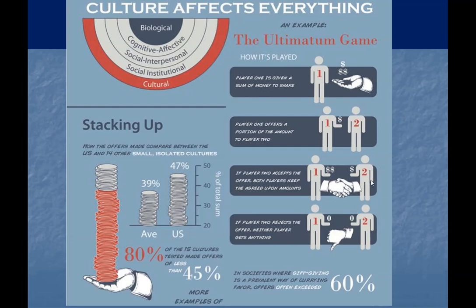If player two says that's fine, and they walk away with their $34, the first player gets to keep their $66. But if player two says, that's not very fair, I don't like that, or you only offered me $1 and you're keeping $99, then player two can reject the offer. If they do that, no one gets anything, which means player one has screwed themselves out of any money by being too greedy. That's the ultimatum game, okay?